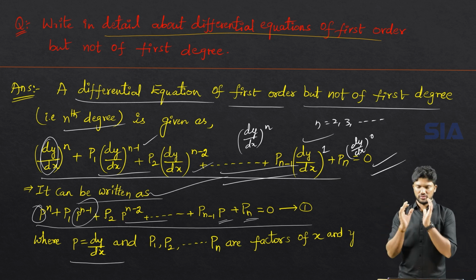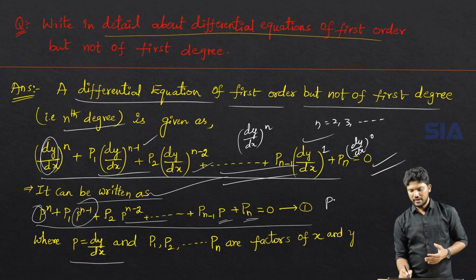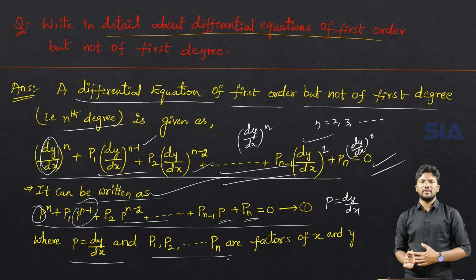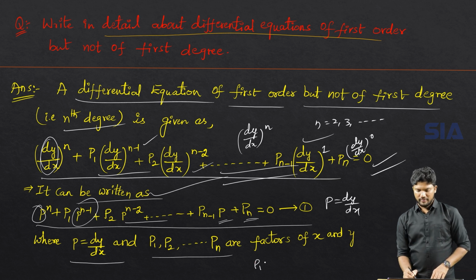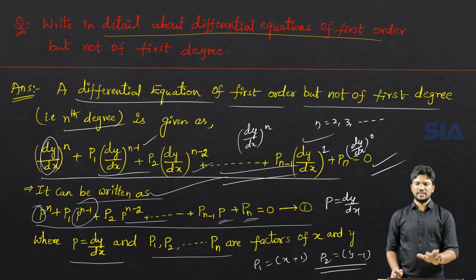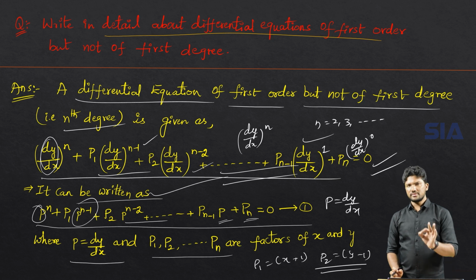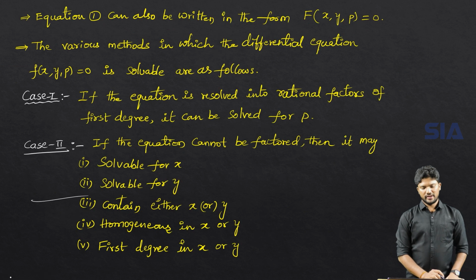Wherever you write p, you have to read dy by dx. Here capital P1, capital P2 up to capital P suffix n are functions of x and y. For example, P1 is equal to x plus 1, P2 is equal to y minus 1. In this format you will get those factors in terms of x and y. So this equation number 1 is the nth degree first order differential equation.